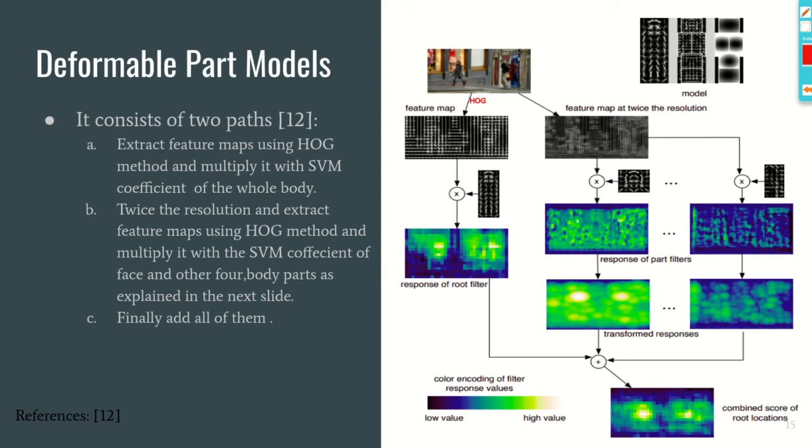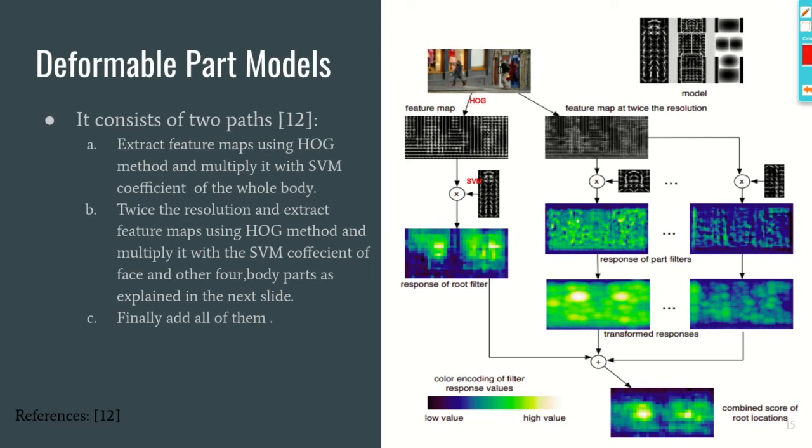Then we will multiply it with the SVM coefficients of the whole body, and we will get the results here. In this paper, which I have referenced, you can check it later, they have divided the body into 6 parts: the head, the right part, the left part, this part, and the legs. So here we will use this concept.